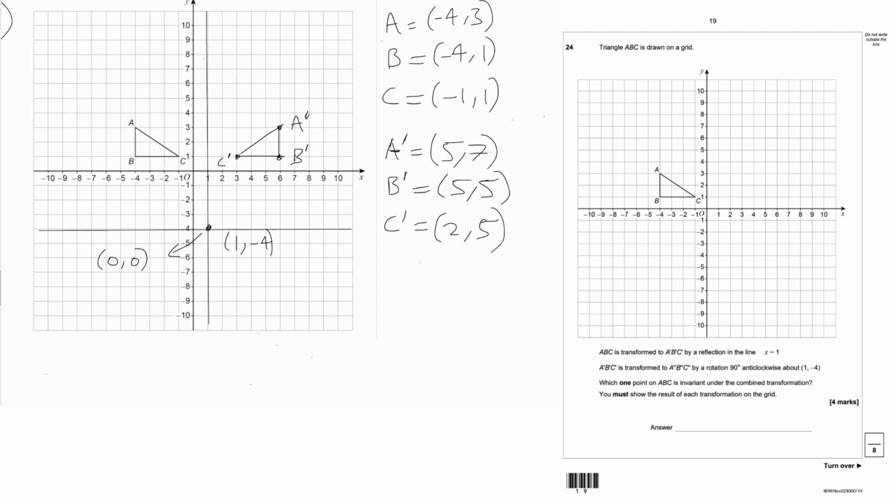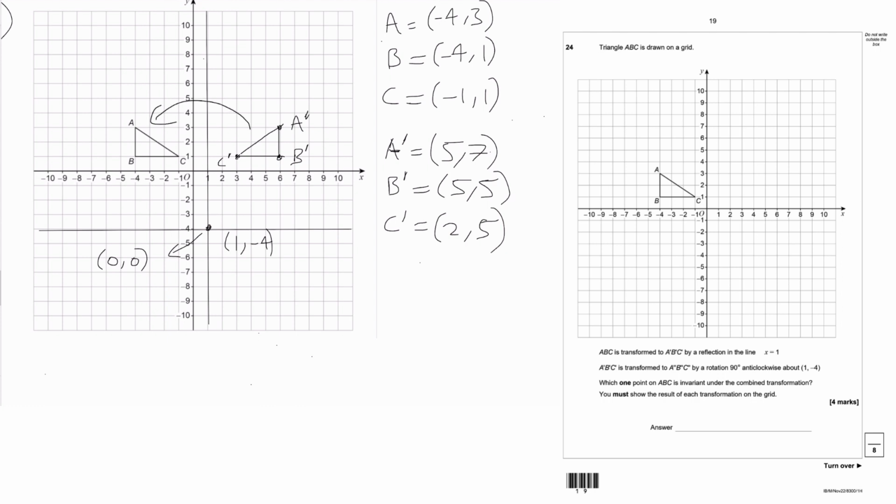So now, to get the 90 degrees anti-clockwise rotation, what we need to look at for each point is its x and y transformations. If we took the point C prime, we can see that it's gone 2 across in the x direction and 5 up in the y direction. So now we need to go 2 in the y and then minus 5 in the x. If we're doing a 90 degrees anti-clockwise rotation, we're going to be going into this quadrant here.